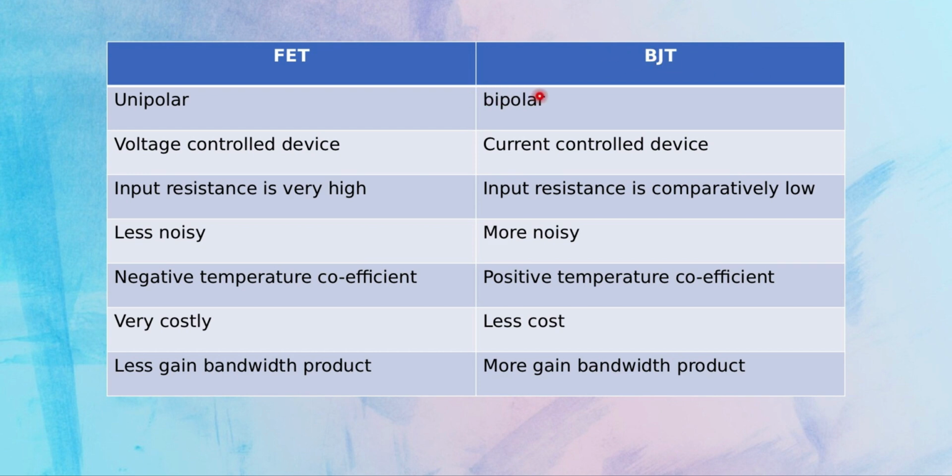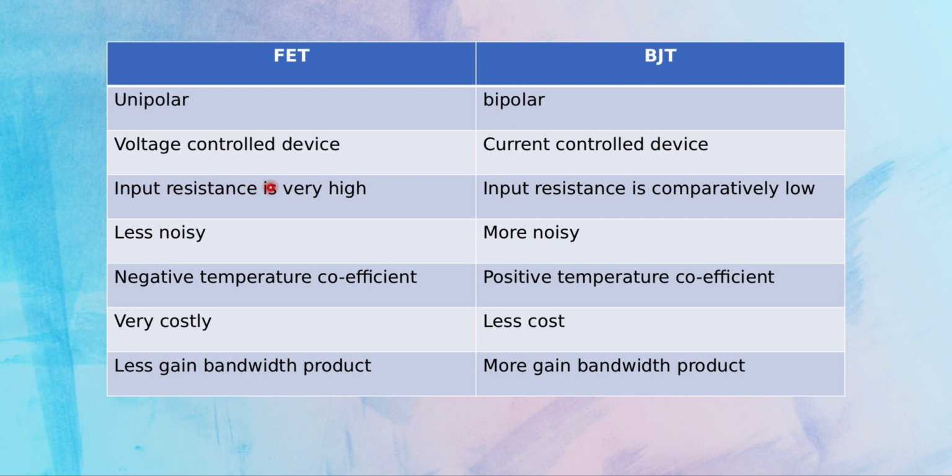FET is a voltage control device, that is, you can increase or decrease the voltage to have a significant effect on the output current. BJT is a current control device.